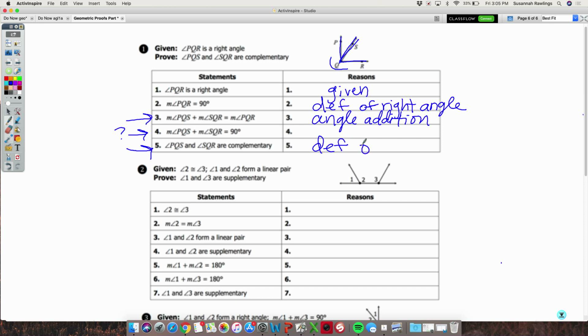So my last one is definition of complementary angles, which means, what's the only thing left? Transitive. So transitive was repeated and deleted.